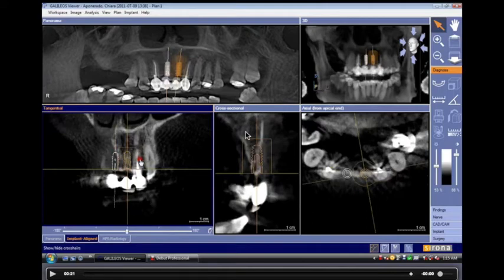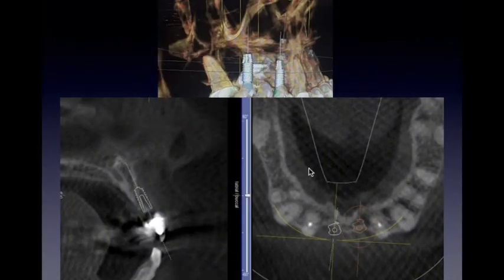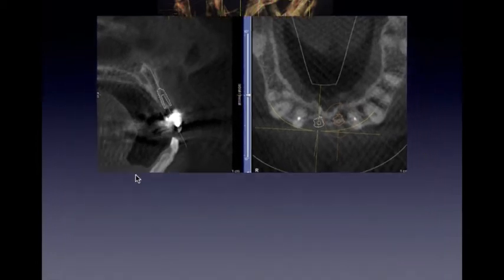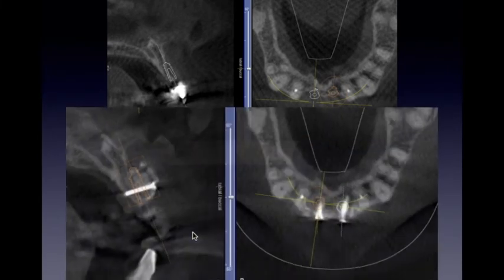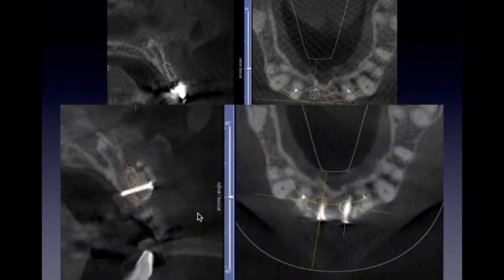I could place implants here. The patient agreed that if they would like implants, then bone grafting has to be done, and that's where planning comes. So we know that there's not enough amount of bone. We know how much bone we need, and that's what I did. I created more bone based on what we wanted to have, based on the implant sites or plan that we had before.